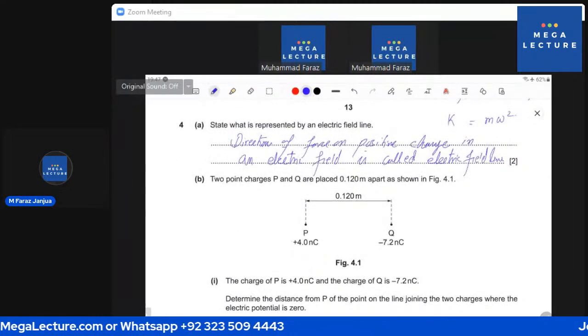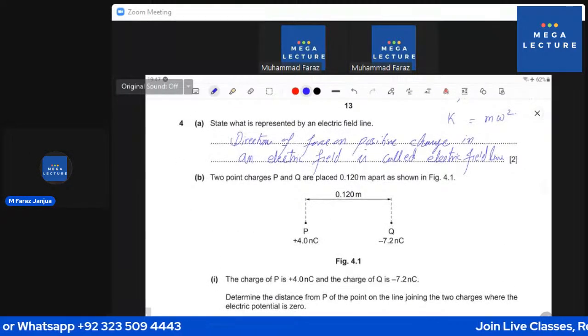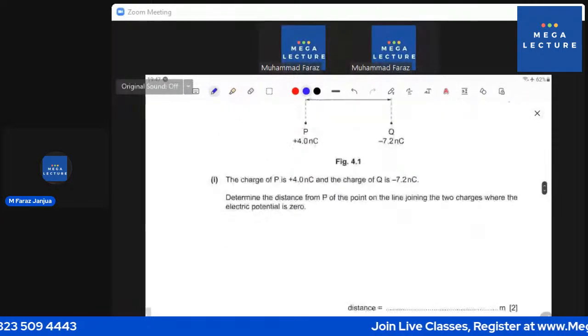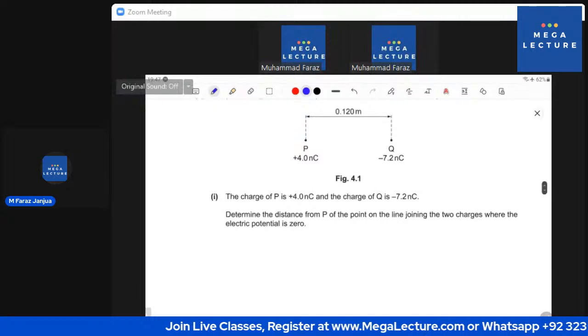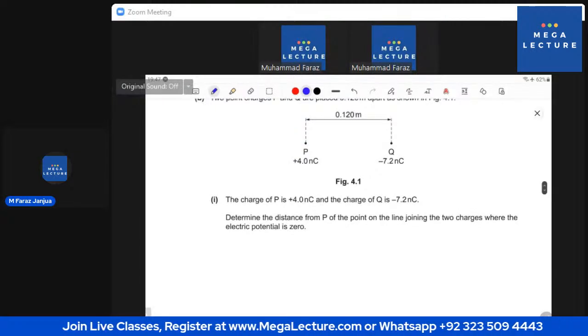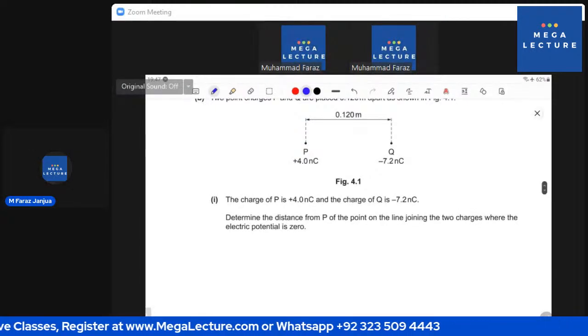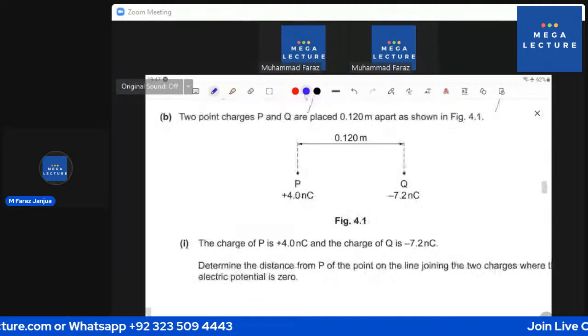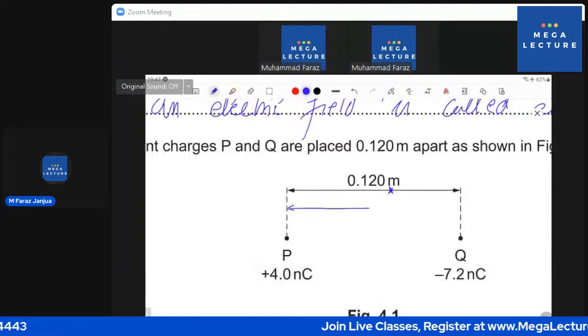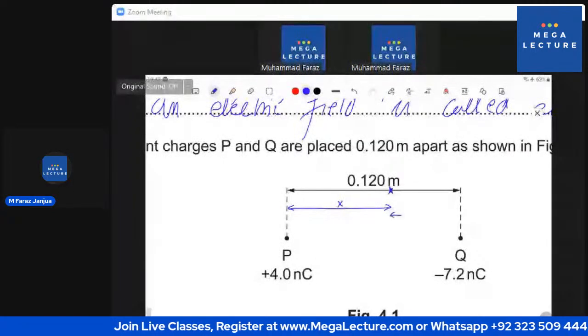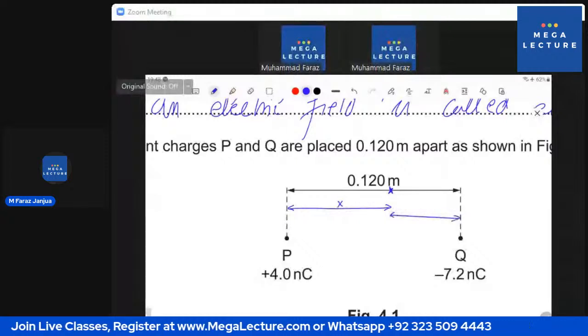Determine the distance of the point joining the two charges where the electric potential is zero. Let's say there is a point; this distance is x, and this distance is 0.12 minus x.